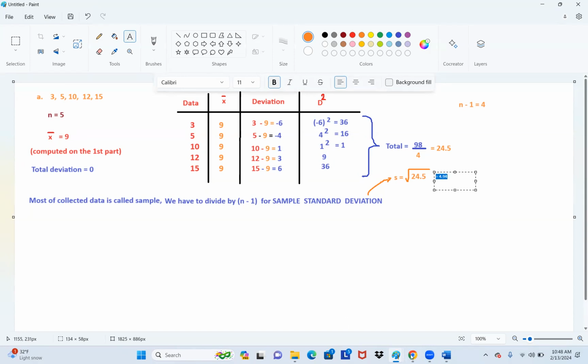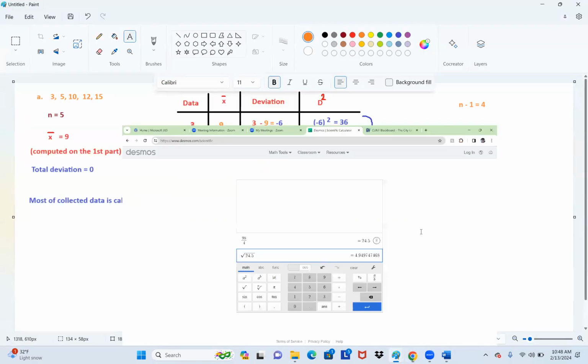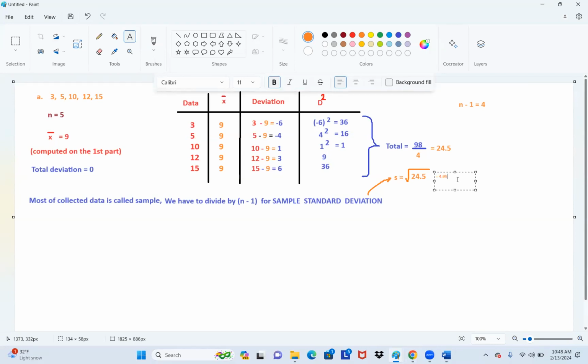Oh, 4.95, you want to round up to 4.95. Are we good? Any questions?